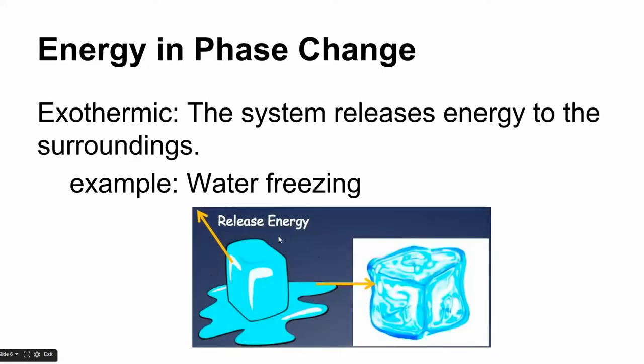If you have a melting ice cube, which has enough energy that some of these molecules are in liquid form, and then that energy is lost, it exits the system, those molecules are going to begin moving slower and slower and slower. What will eventually result is the water being frozen once again. So that's energy exiting the system, or an exothermic movement.